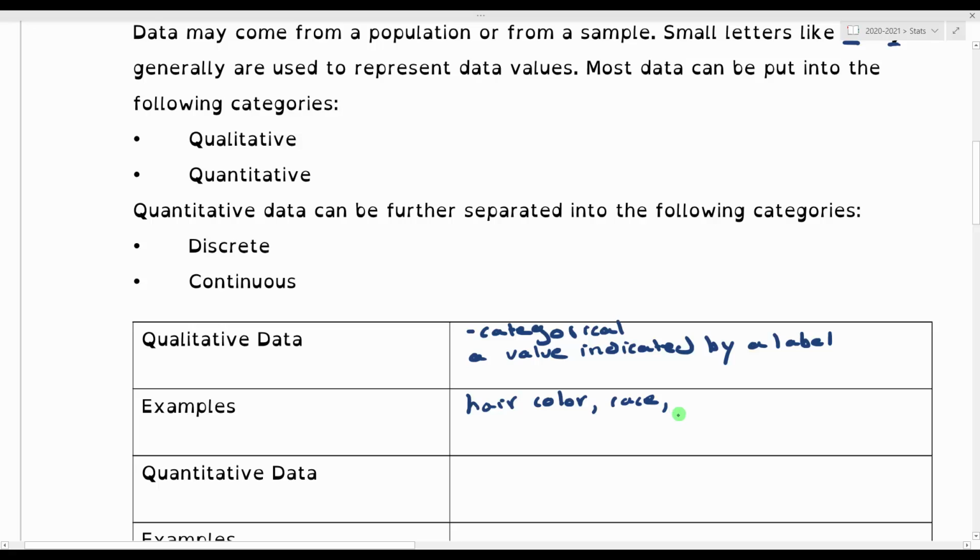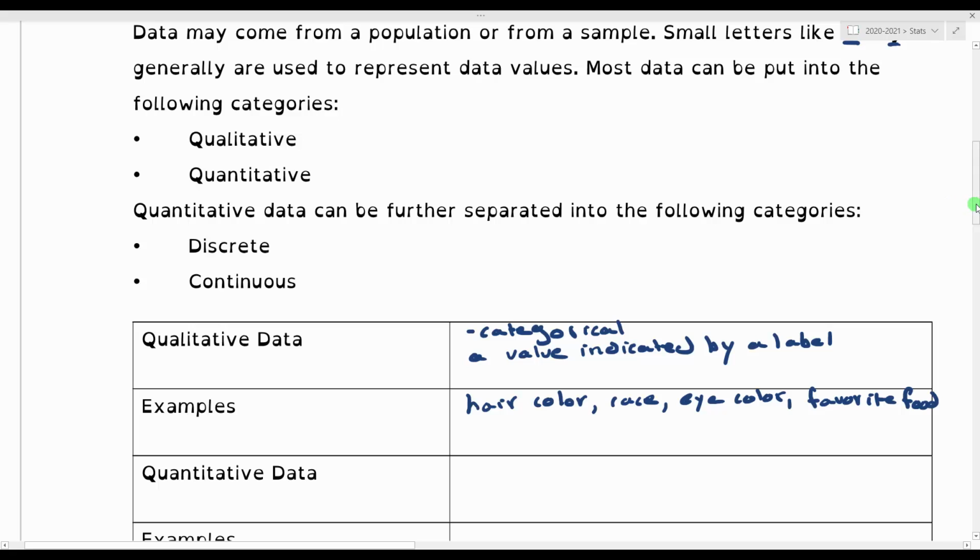It's a label, a categorical value. Eye color could be another one. Favorite food: if we were trying to find out the favorite food of people, that is another label type of categorical data.